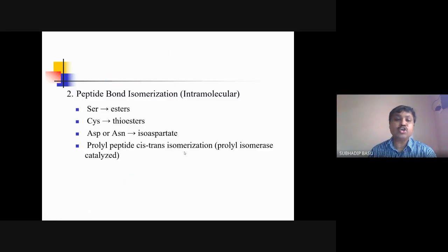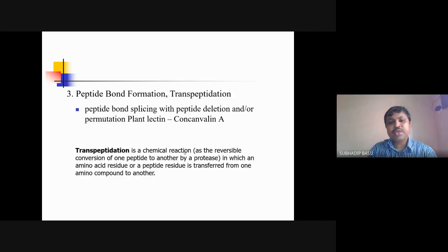And there is also peptide bond isomerization. This is intramolecular. Serine generates esters, cysteine generates thioesters, and these are different variations of peptide bonds that are formed. Then there are new peptide bond formations. This is called transpeptidation. This is also interesting.